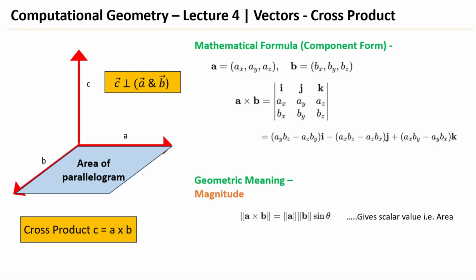Geometrically, the magnitude of the cross product C is defined as magnitude of A times magnitude of B times sine theta. This value is a scalar, and it represents the area of the parallelogram formed by vectors A and B. In the next slide, we'll see one numerical example.